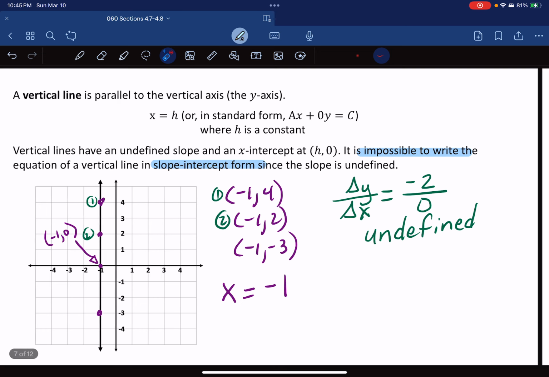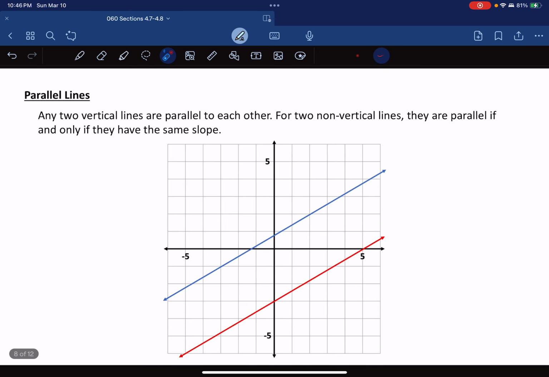The next thing we're going to look at, parallel and vertical lines. So parallel lines run side by side. They go beside each other on forever, never to intersect, never to meet, destined to be close, but never to meet.